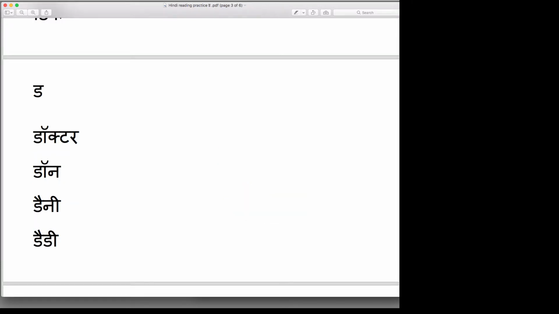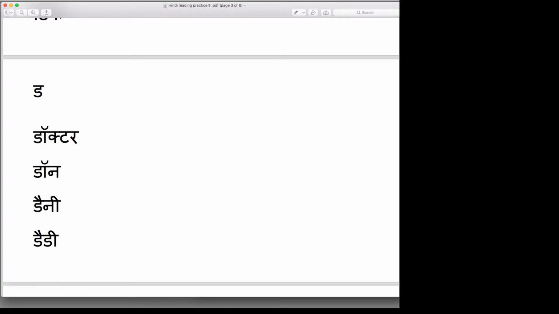So one important thing, whenever you have an English word that has D, like doctor, Don, then it is transcribed as D. Okay.